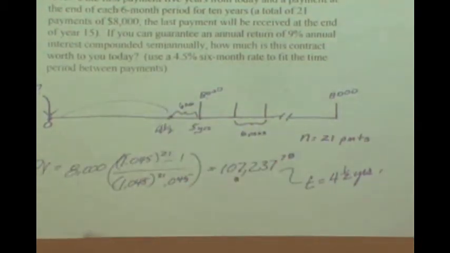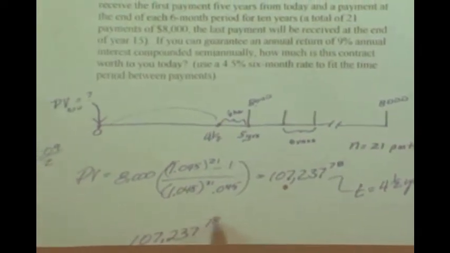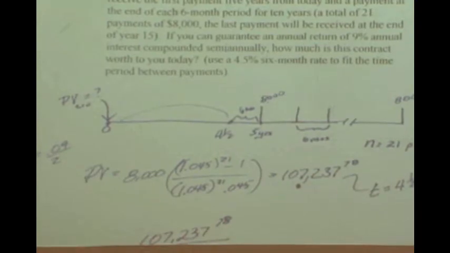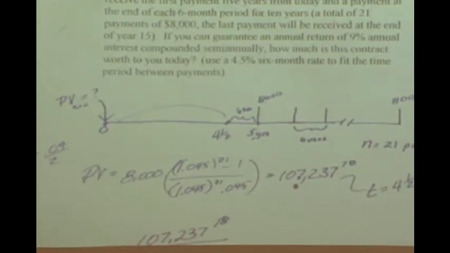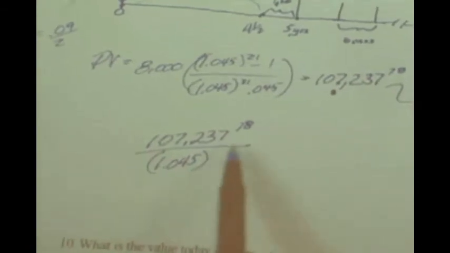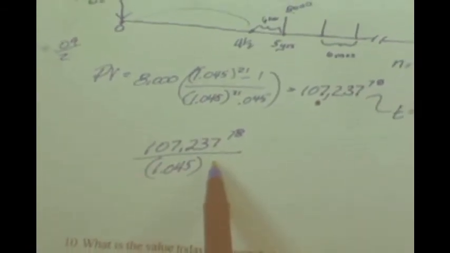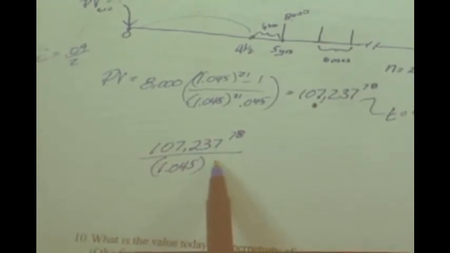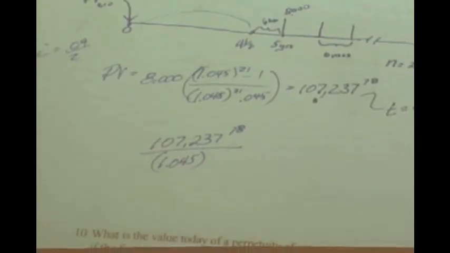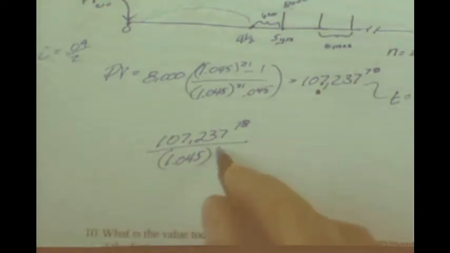So the building block equation, if this is a 6-month rate, how many 6-month periods do I have to have in my exponent? How many 6-month periods are there in 4 1/2 years? 9. So here we go.